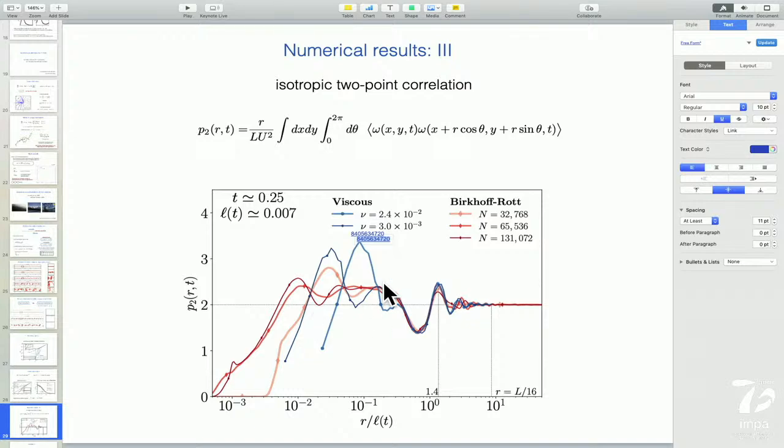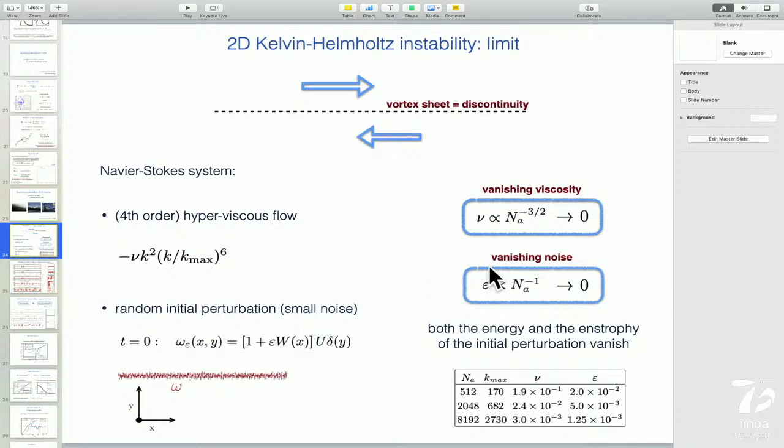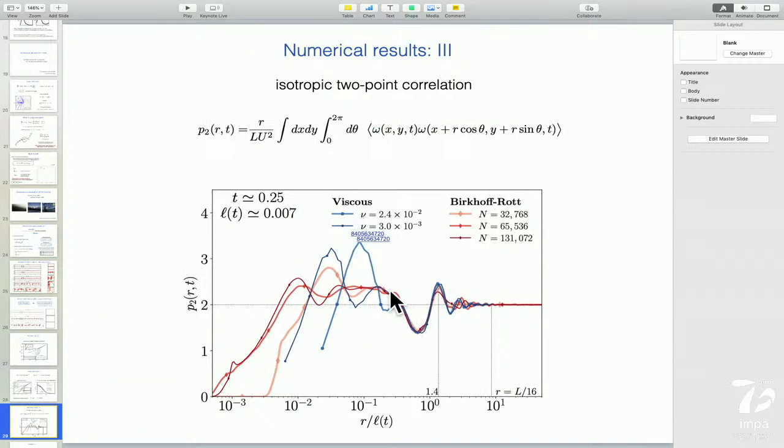at small scales you have something different, but as you decrease viscosity, it all converges to the same line. This is observable. Also, if you increase the number of points in the point vortex approximation, you also converge to the same line. So it tells you that in the limit of vanishing regularization, when the viscosity goes to 0, or when the number of point vortices goes to infinity, essentially the limit where you approach the behavior of the ideal fluid, in both limits you converge to the same distribution.